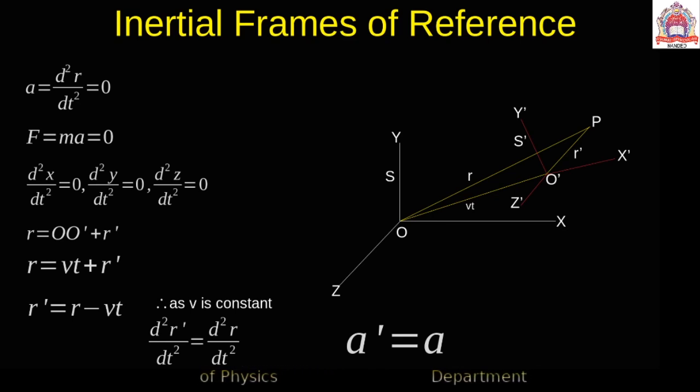But S is an inertial frame, so S dash should also be inertial. So we can easily conclude that if a frame is an inertial frame, then all those frames which are moving with constant velocity relative to the first frame are also inertial.